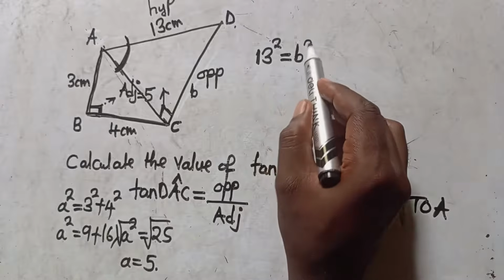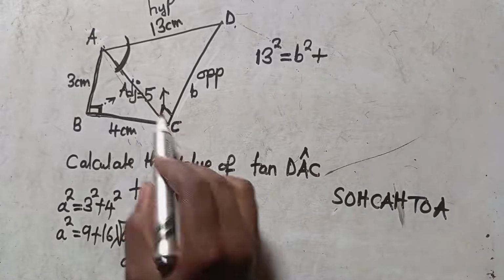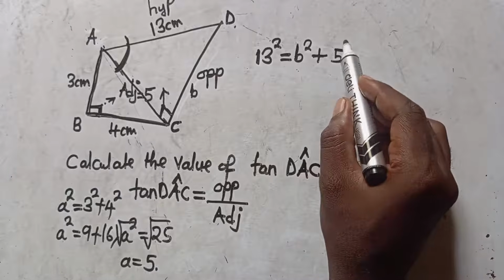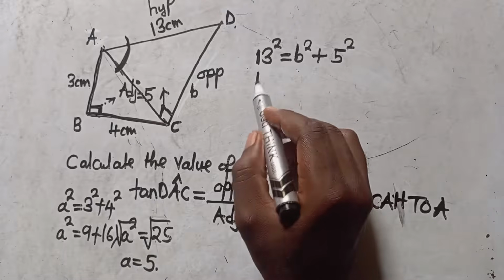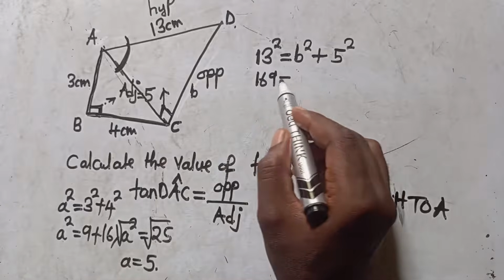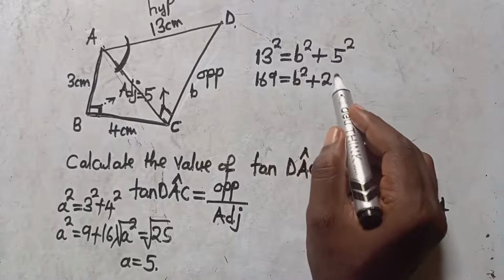So I'll say B squared plus, which other side is here? This is 5. So 5 squared. We are doing all these things without the help of a calculator. So this is 169, which is equal to B squared plus 25.